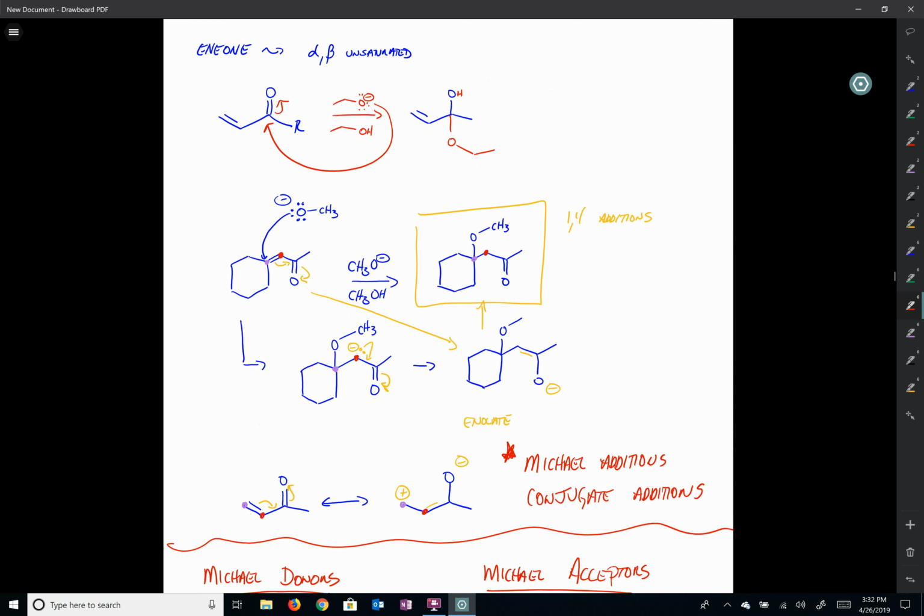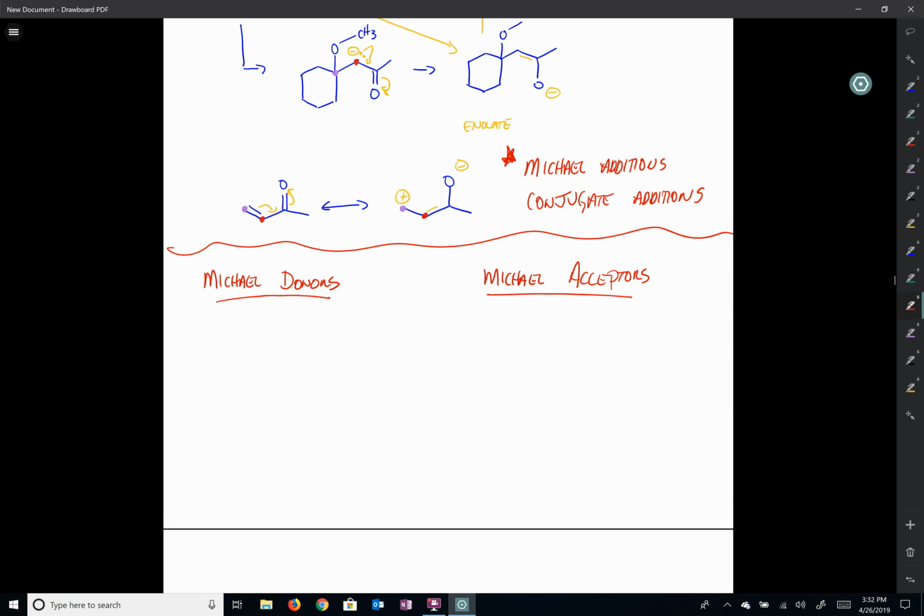What do we expect to see the most often on standardized tests? Michael additions tend to be there. That's why we tend to focus on these a little bit more. They're the quintessential reactions for these conjugate additions. That's often why some people just say Michael additions are any 1,4 addition, but that's not specifically true.